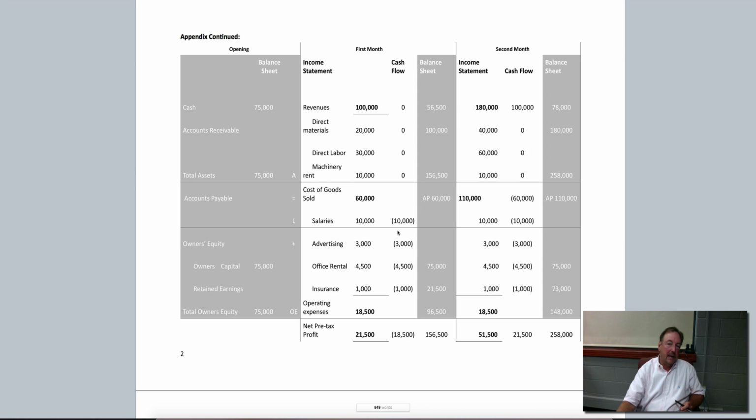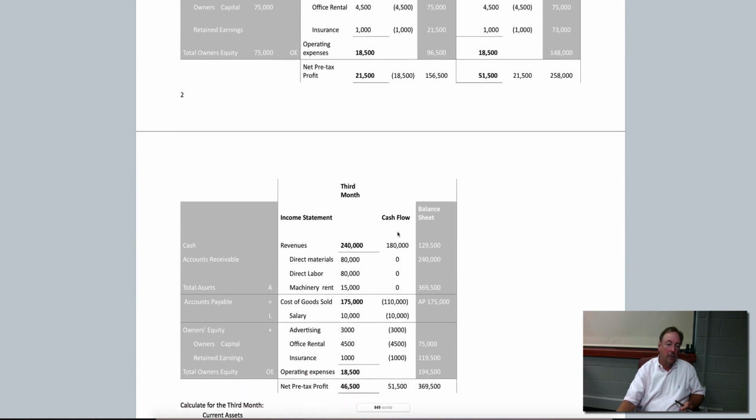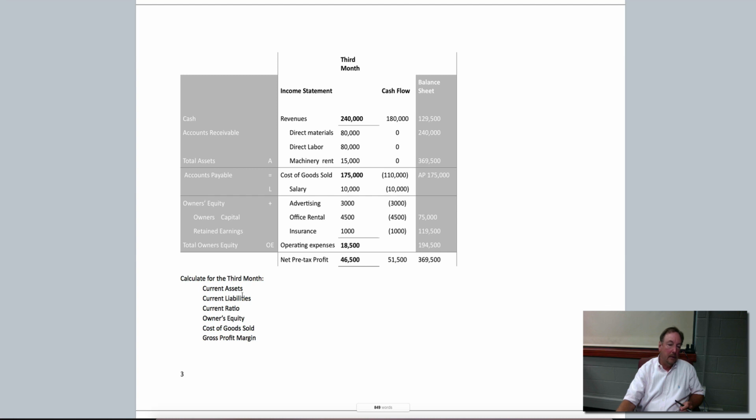So if you were to take a look at what the current ratio would be, we've defined our current liabilities as our accounts payable. Our current ratio exceeds 2 to 1. So we know we have twice the amount of assets that are cash or near cash to compare against what our near cash obligations are.